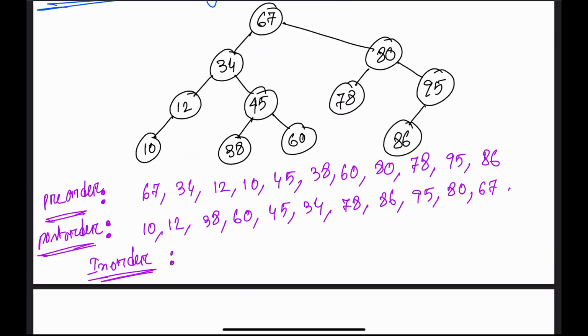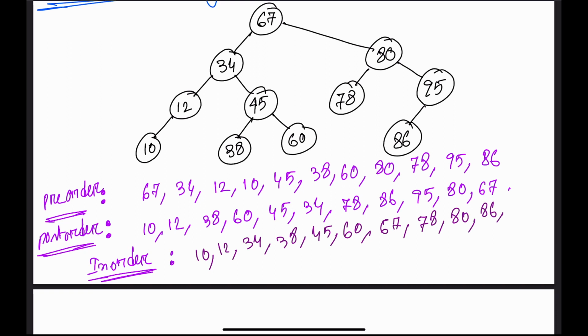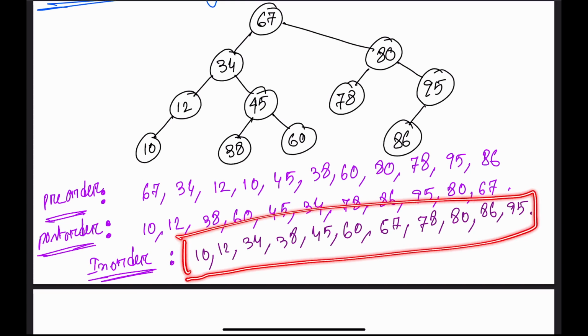So now the in-order traversal would be like 10, 12, then 34, 38, 45, 60, 67, 78, 80, 86, and 95. Yeah, so if you see the numbers would be in ascending order.